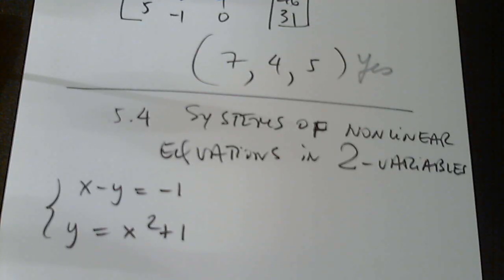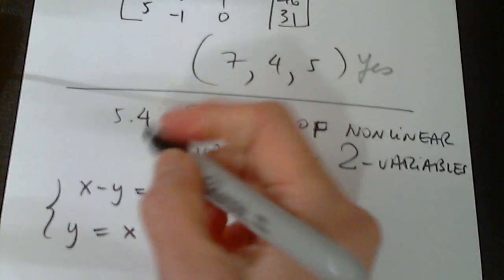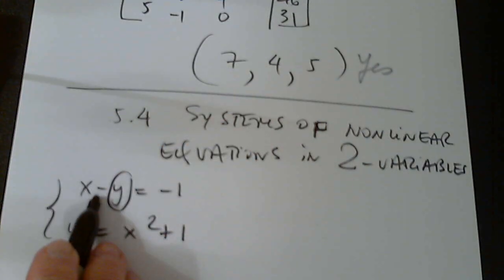What do you think I should do? I'm told that y is this. So what do you think we should do? Replace y in the first one, of course. Careful with the minus in front.